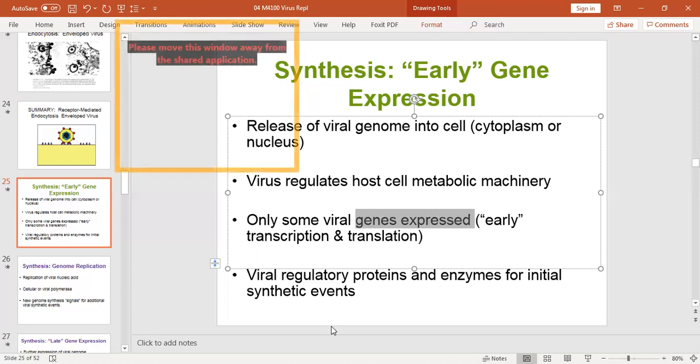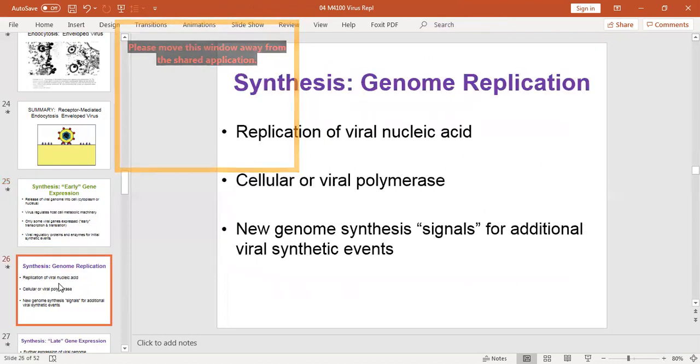So, the result of this early translation is the production of viral regulatory proteins and enzymes that are required for the next phase, which is genome replication, as shown in Slide 26. Genome replication is the replication of viral nucleic acid.